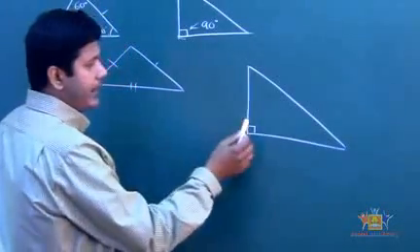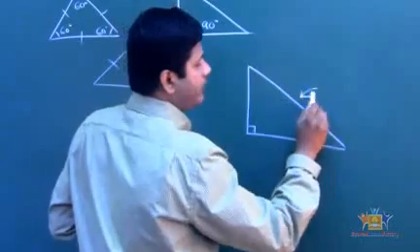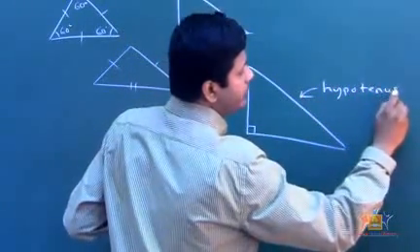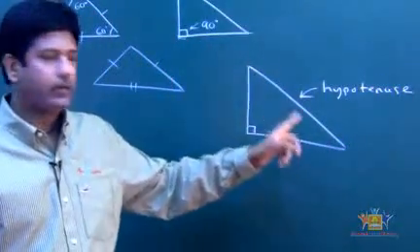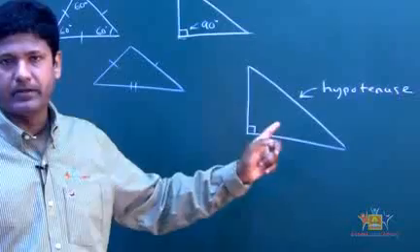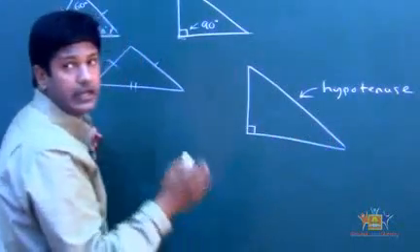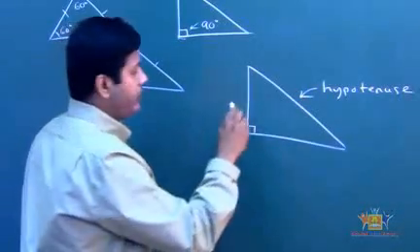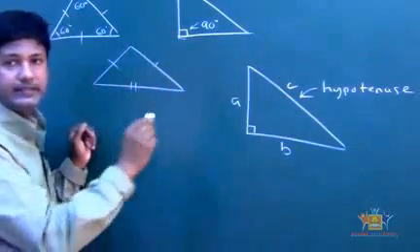And this is the opposite side. The opposite side is the one you call the hypotenuse. I want you to know this term, hypotenuse. It's a very important line. Now that we know this is the hypotenuse, we can label each side with A, B and C, and that's the standard.